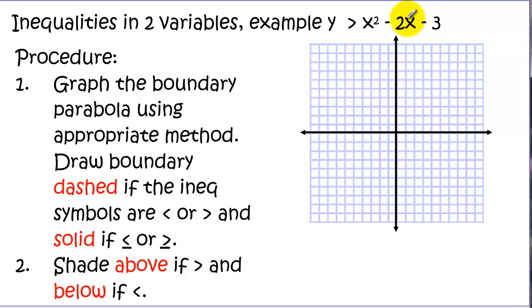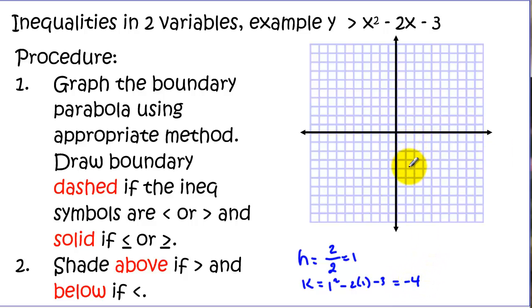We could use the standard form here. If we graph in standard form, our h is going to be negative b over 2a. So negative b is 2, and 2a is 2, so we get 1. For the k value, if we plug that 1 in, we get 1 squared minus 2 times 1 minus 3, which is negative 4.